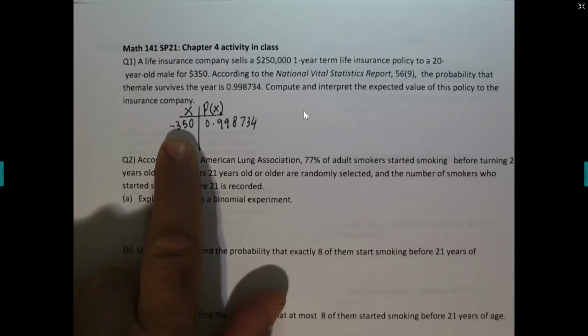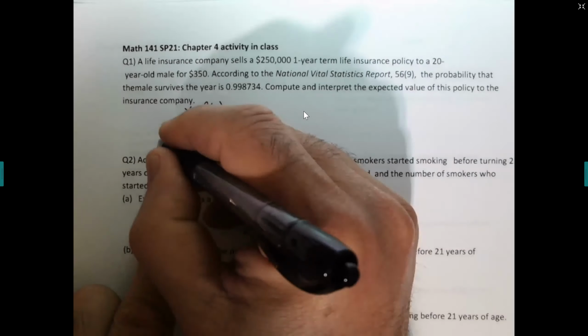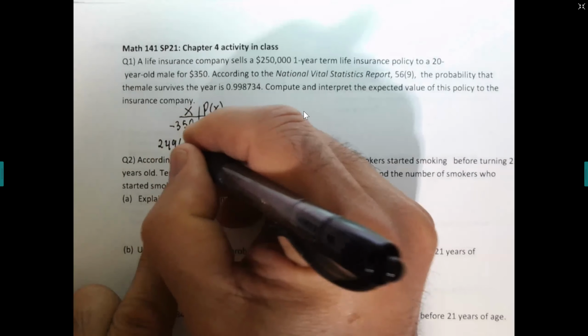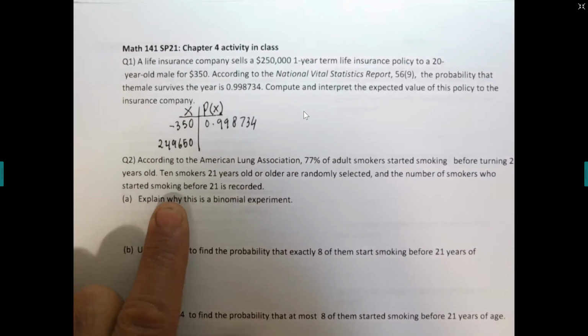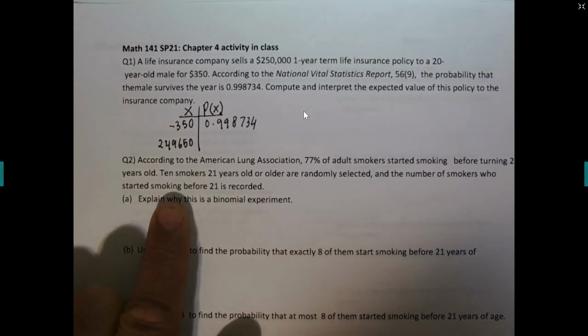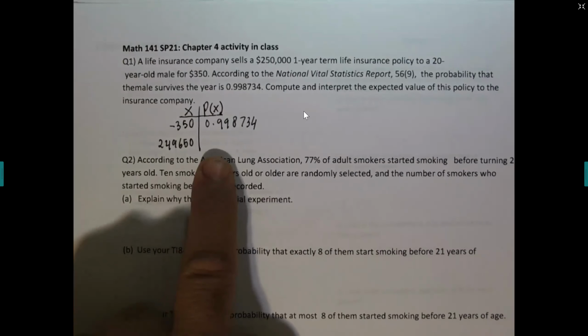You already paid 350. 249,650. Yeah. $249,650. And you guys understand why, because if it is a gain, we're subtracting the 350 that have been paid already. What would be the probability of getting this money?